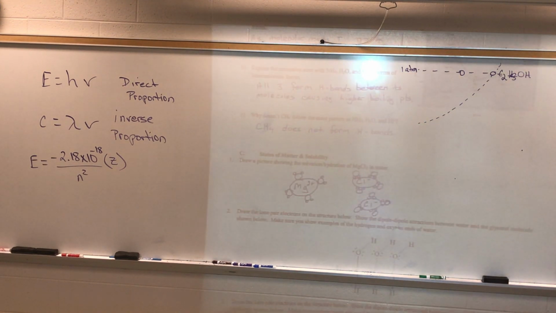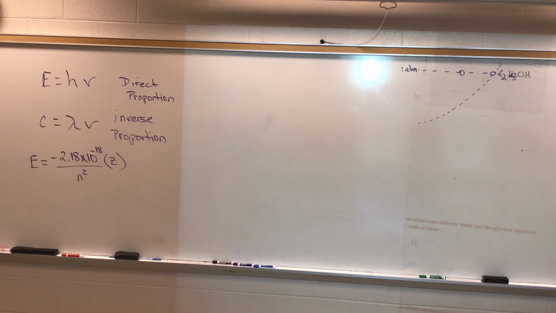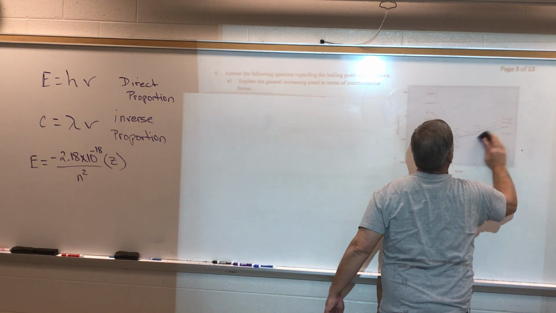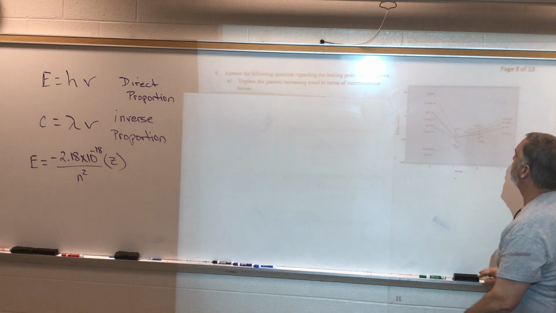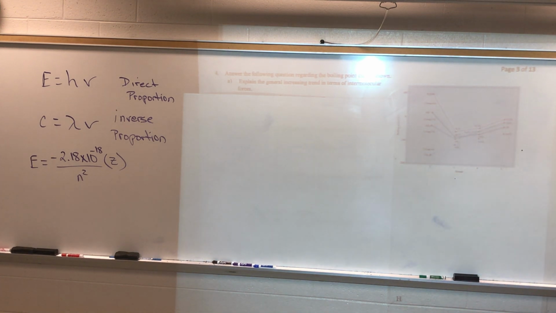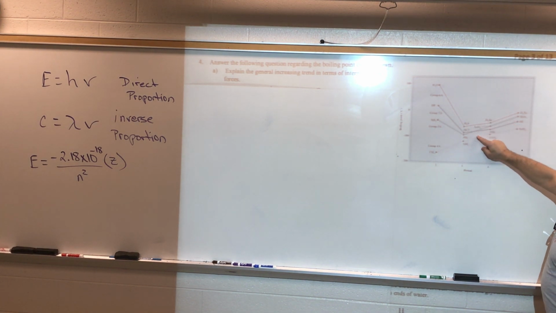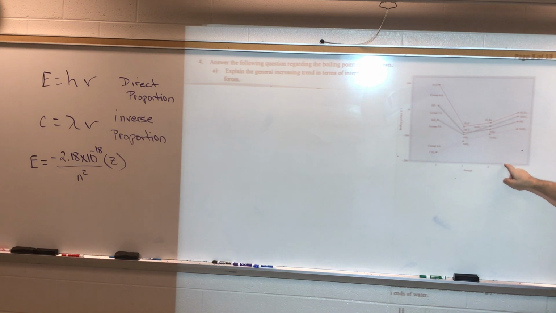Third page, same still, more attractive forces. Let's erase this out of here. Okay, now once again, this graph is very difficult to see from here. But you can see that there's a general trend line going up as you increase the atomic number.